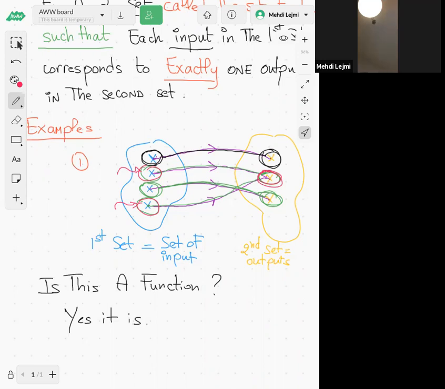Now let me give you an example where it's not a function. So yes, this is a function because, as I said, each input corresponds to exactly one output. So two points having the same image is not a problem.